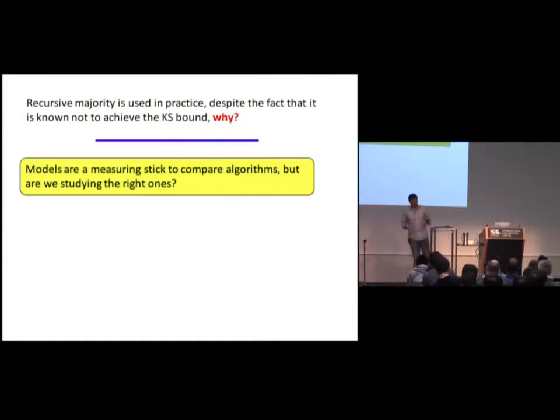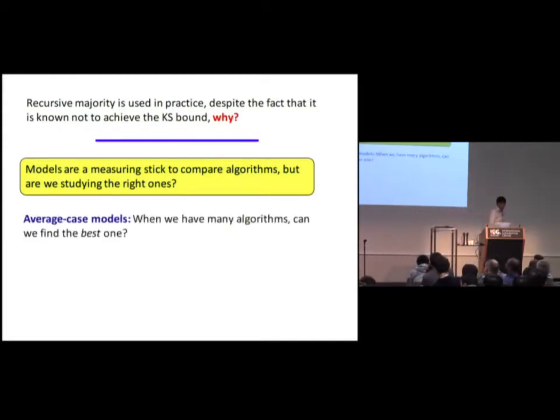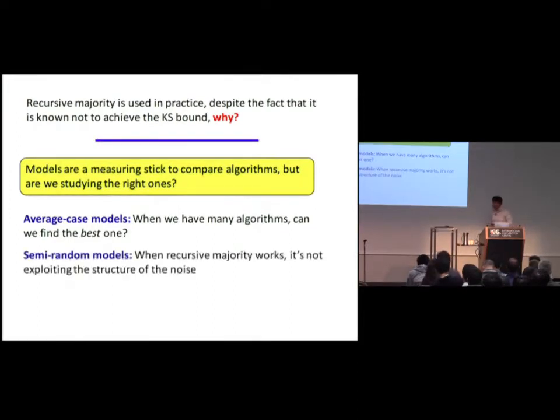But these random models are just one particular measuring stick for comparing algorithms. So it's not always clear that we're using the best one. When we have average case models, we have lots of algorithms that do work, and we have this danger that we end up looking for the algorithm which works the best on that one average case model, and we might be overfitting to some elegant but ultimately not that realistic model.